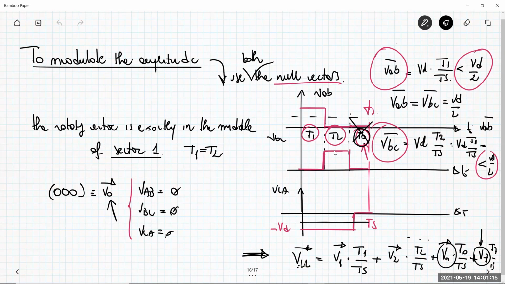Even if this is not a sinusoidal pulse width modulator, even if this is not a pulse width modulator at all, because you can avoid the comparison between a triangular wave and a sine wave, the spectrum is more or less similar.